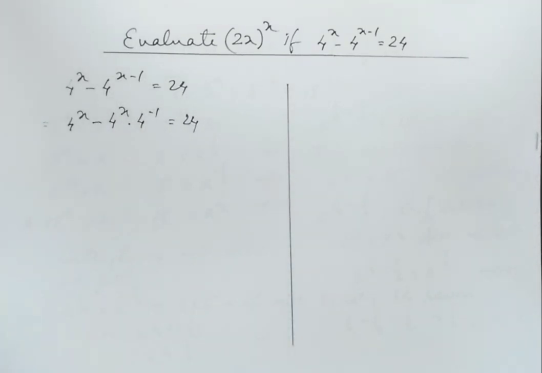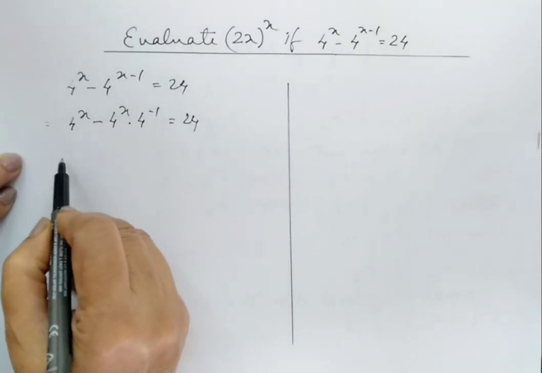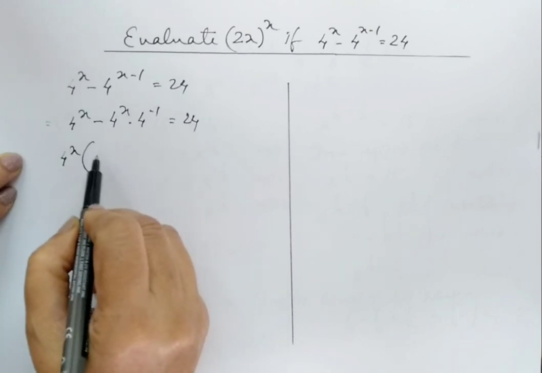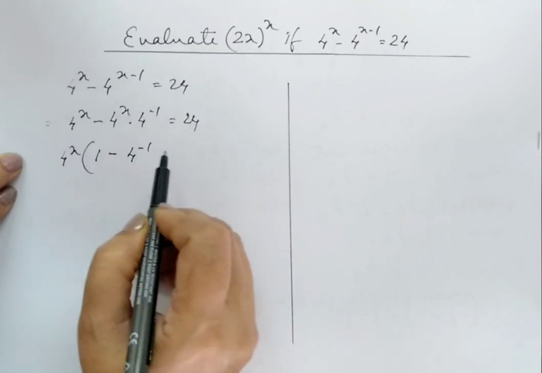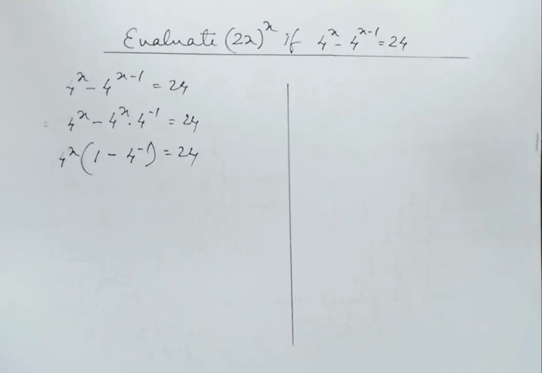Having got two terms over here, can we pull out 4 to the power x as common factor? So what are we left with? 1 from here and 4 to the power minus 1 here equals 24. Correct?